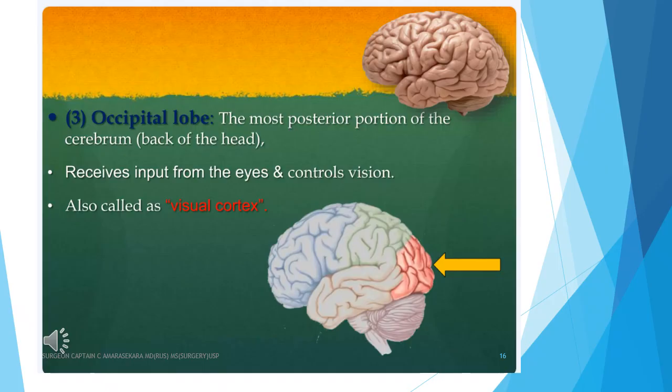So now we see how we can correlate these into clinical scenarios. A unilateral occipital lobe lesion produces contralateral homonymous hemianopia. Bilateral occipital damage, now you have damage to both sides, will cause cortical blindness with preserved pupillary reflex.